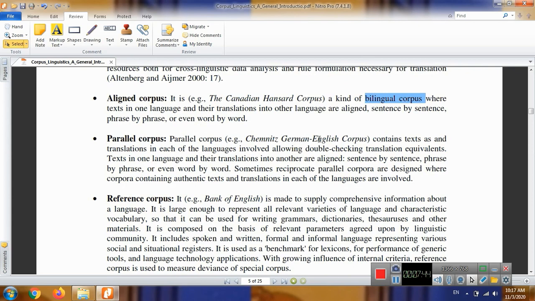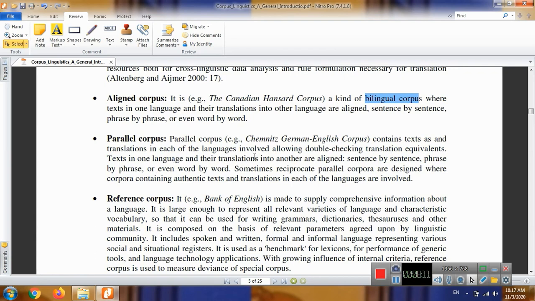Parallel corpus, like the Kummer German-English corpus, contains texts and translations in each of the languages involved, allowing double-checking of translation equivalence. Here, in aligned corpus, we are dealing with a bilingual corpus, but in parallel corpus we have more than two languages, maybe 3, maybe 4, or more.